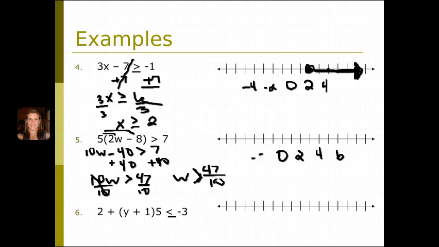Well, if 4.7 is between 4 and 5 and it's not included, our circle should be open close to 5, more in between, but it's going to overlap with your 5 a little bit. The numbers greater than 4.7 shade farther into the positives.